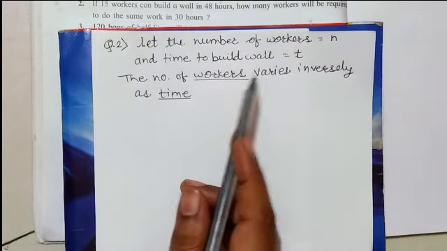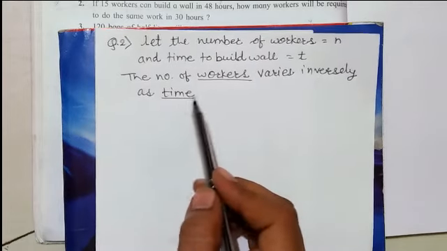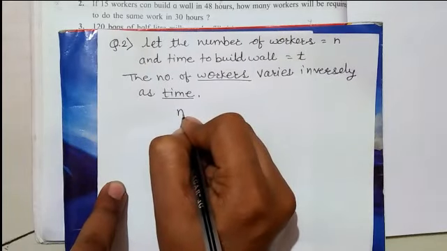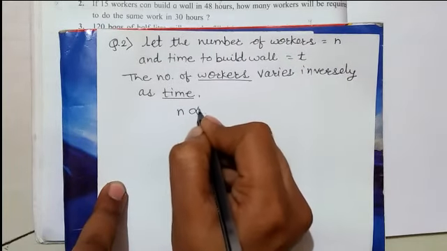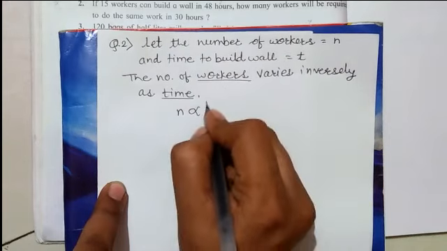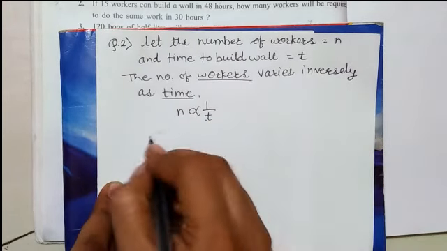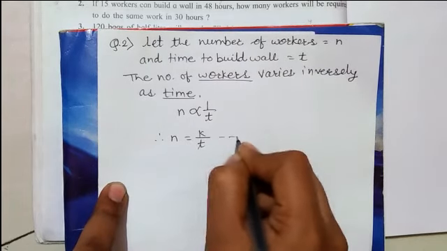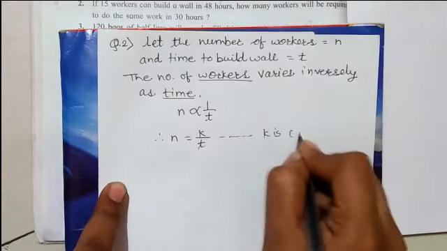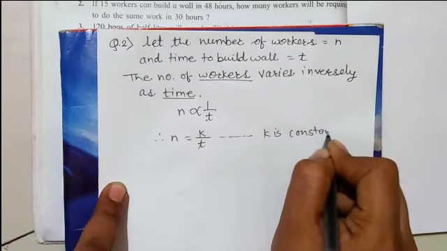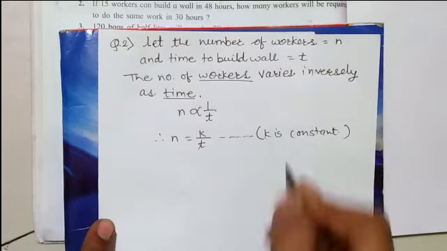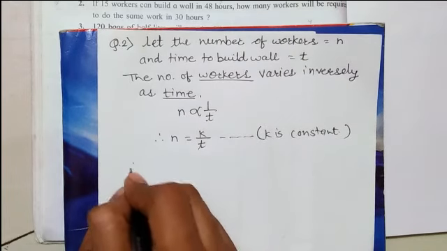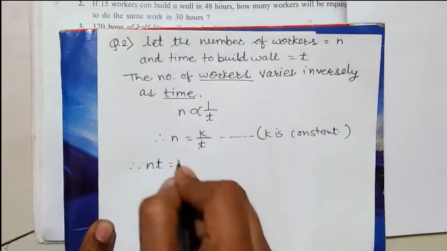The number of workers varies inversely as the time. In symbolic form, that is n varies inversely with t. Therefore n is equal to k upon t, where k is a constant. Now students, this t is going to be multiplied across. So while making the equation, nt is equal to k.